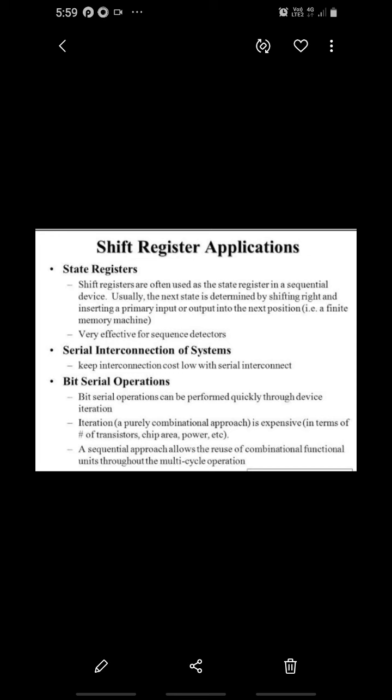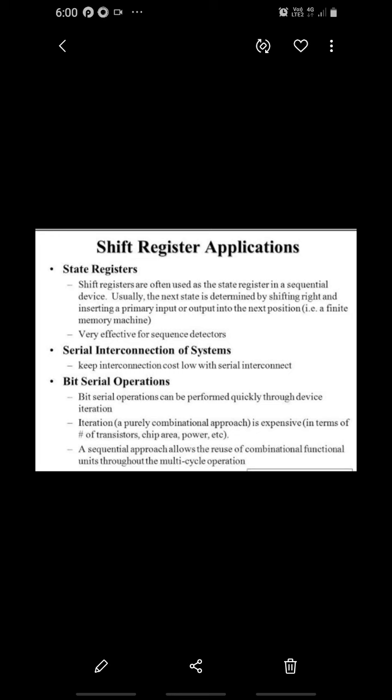The basic ring counter can be obtained from a serial in, serial out shift register by connecting the Q output of the last flip-flop to the D input of the first flip-flop. The Johnson counter can be obtained by connecting the Q bar output of the last flip-flop to the D input of the first flip-flop.